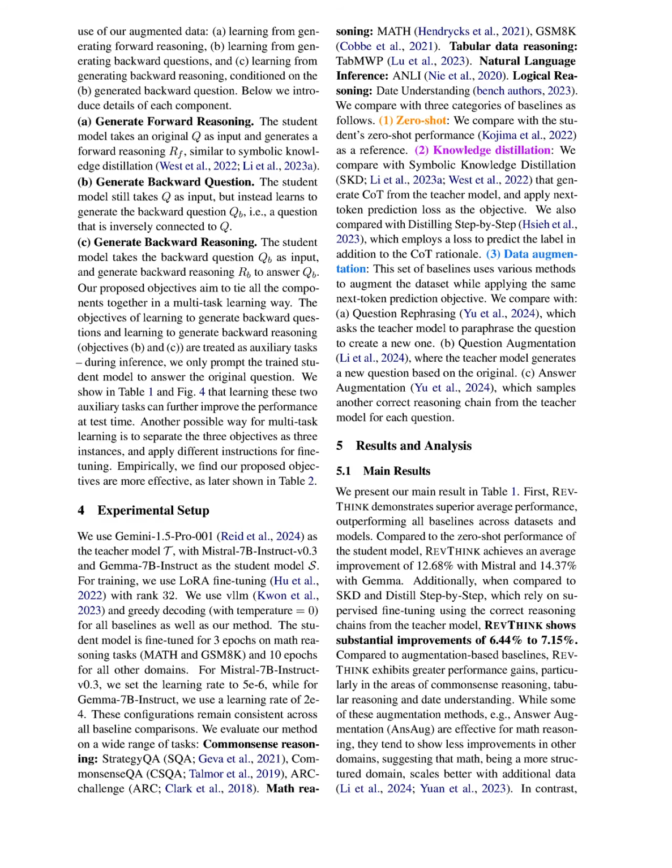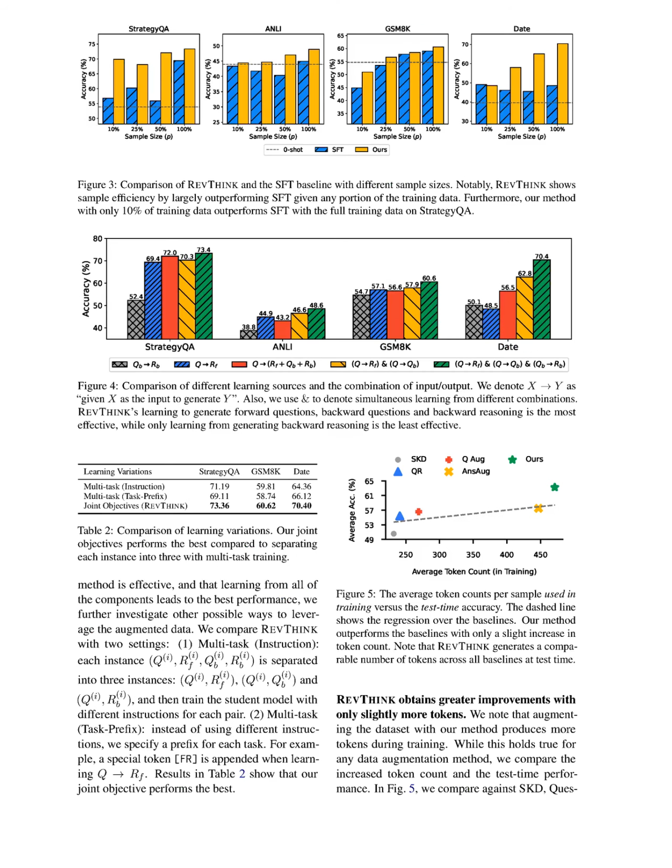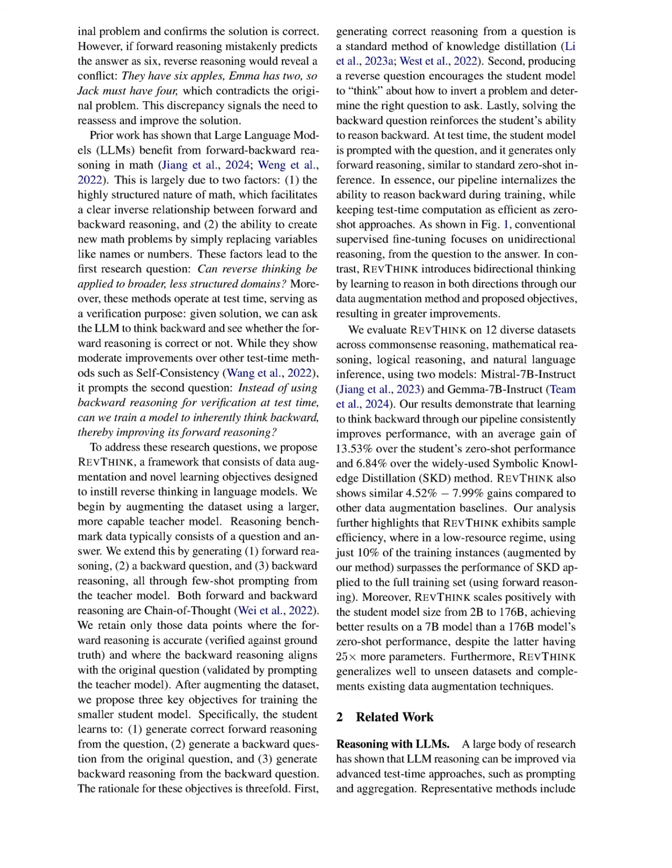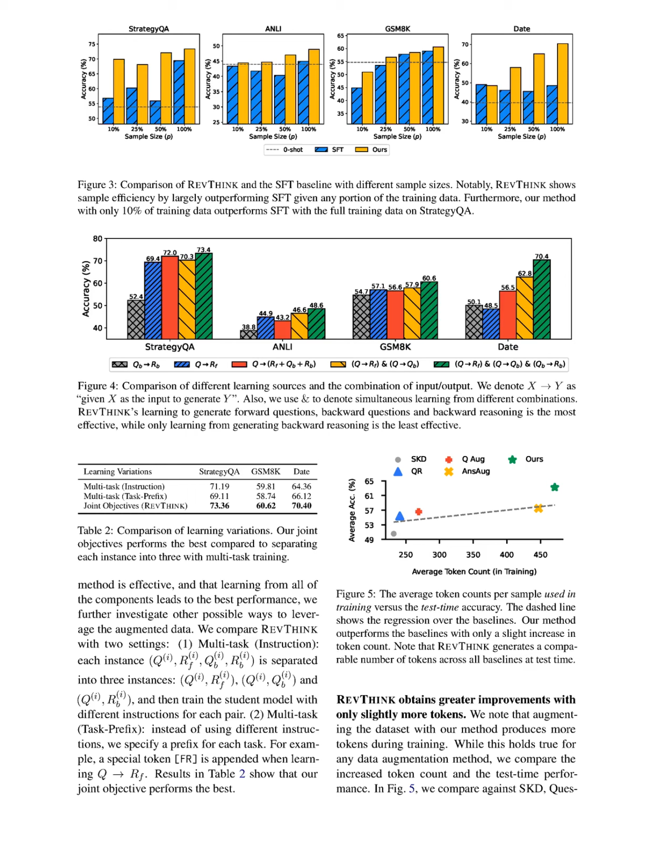The models used for evaluation are Mistral 7B Instruct and Gemma 7B Instruct, with performance metrics focusing on average percentage improvements over the student model's zero-shot performance and comparisons against baselines such as symbolic knowledge distillation, SKD, and various data augmentation methods. Results indicate that REVTHINK achieves an average gain of 13.53% over zero-shot performance and 6.84% over SKD, demonstrating its superior performance across all datasets.